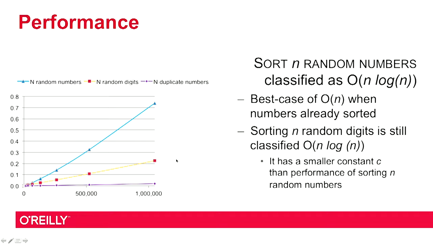Now the constant that's associated with that growth rate is smaller than the constant that's associated with randomly sorting a bunch of numbers. But in both cases, the behavior of the algorithm is on the order of n times log n. So you should expect that as the problem size doubles, the time it takes will more than double, but not by much. It'll just be doubling by a constant time, the doubling amount.